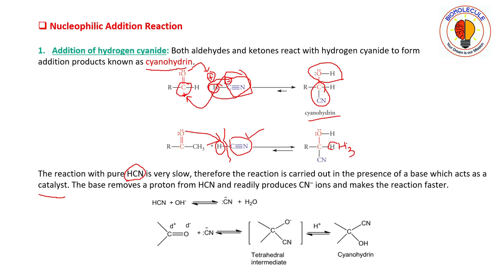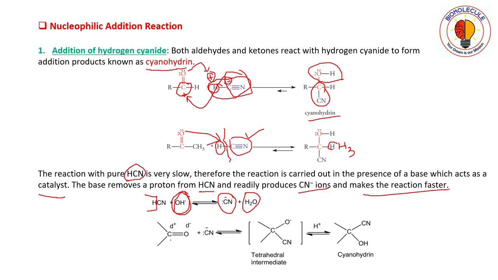So we give some base here, it may be NaOH or KOH. In the presence of a base, the base removes the proton from HCN and readily produces cyanide ions, making the reaction faster. OH minus abstracts H plus from the hydrogen cyanide molecule, giving water, and the remaining part is the cyanide ion.